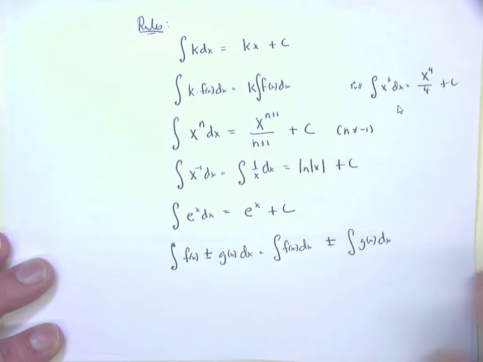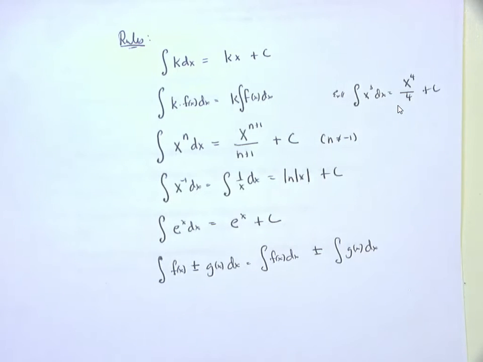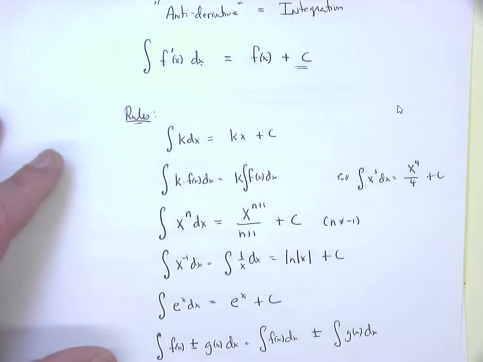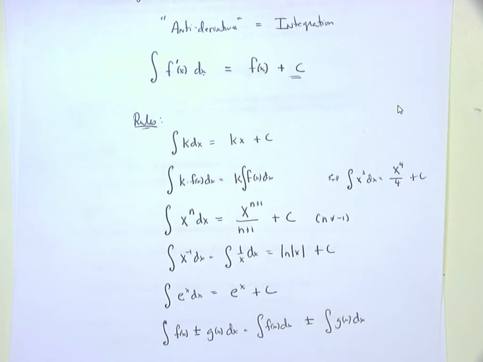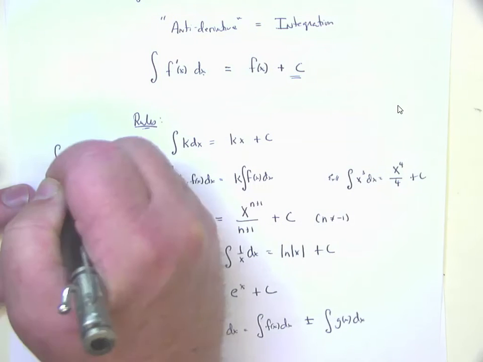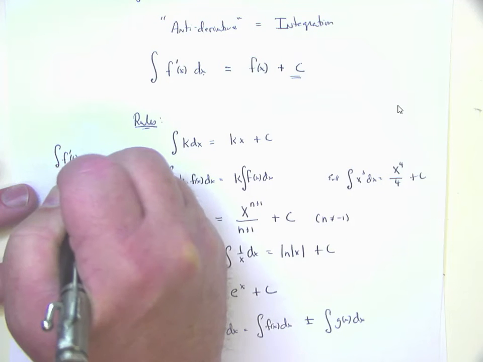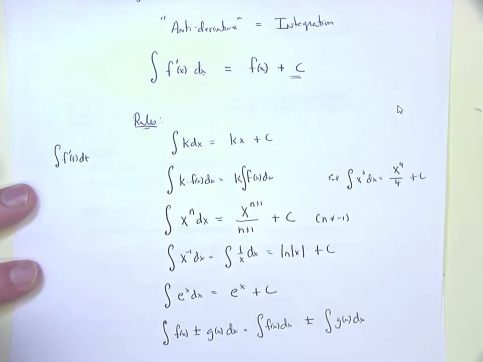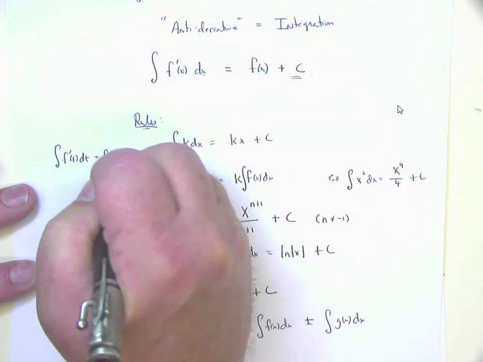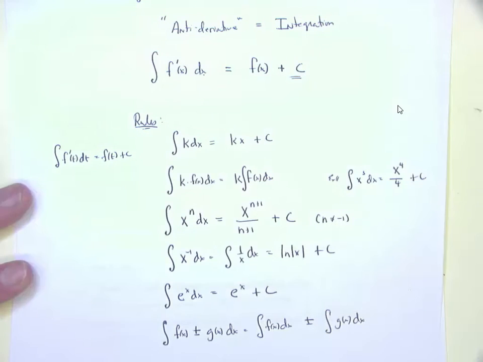Now, I've written all these rules with the famous dx on it, because x is usually my famous variable. However, remember this. The integral of f prime of t dt, t is the variable. This is going to give you f of t plus c. You don't always have to have an x. T represents time. Maybe you want to integrate with the variable time instead of x representing some commodity or whatever.